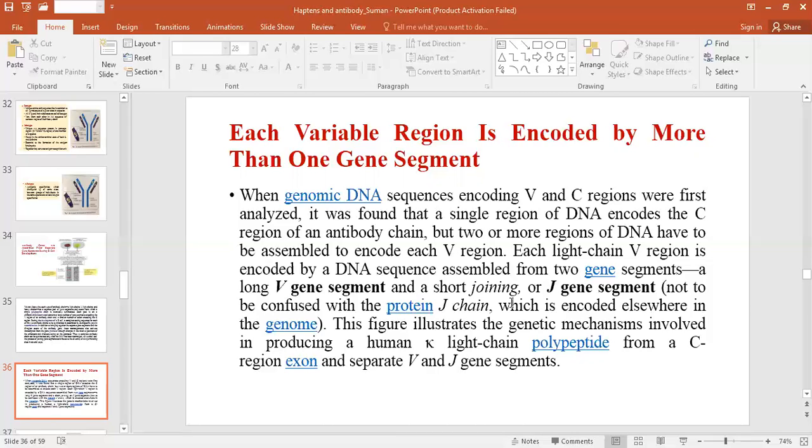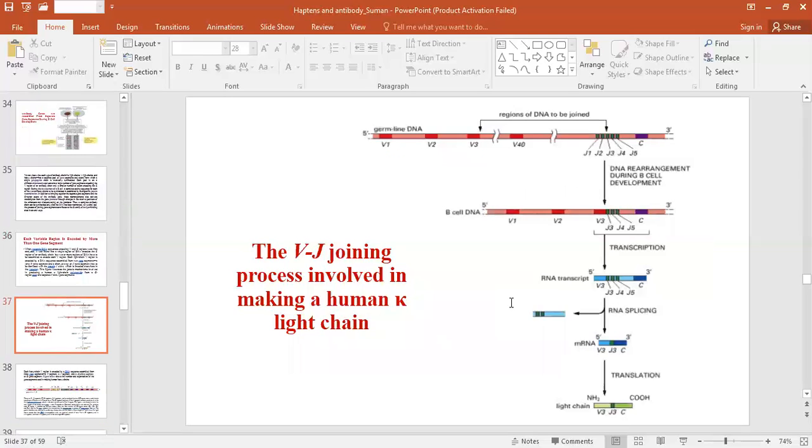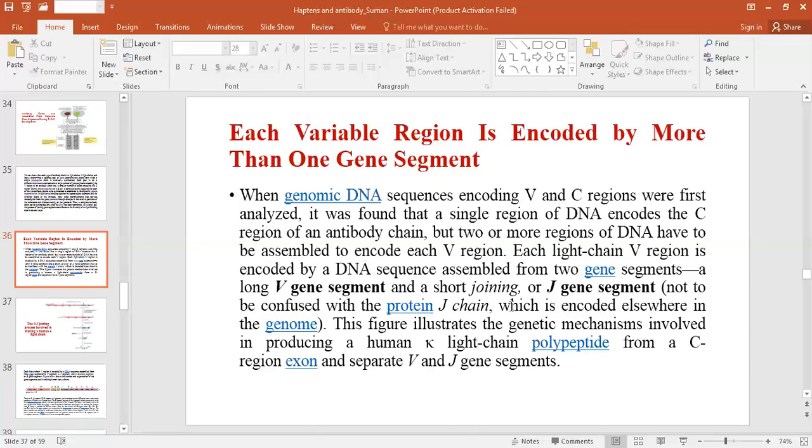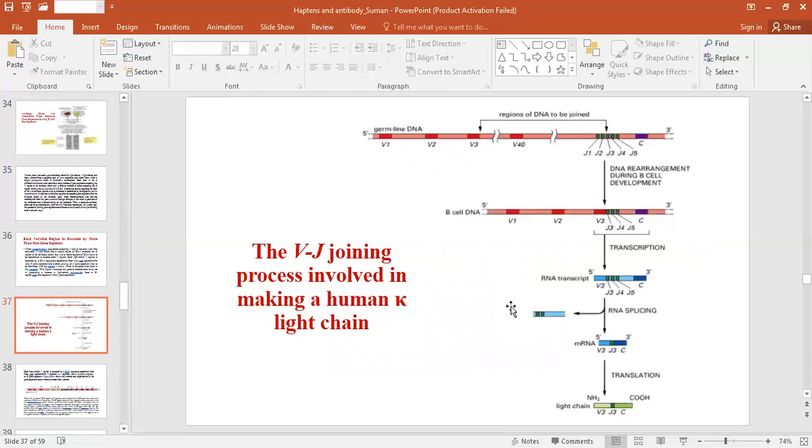So the figure here will illustrate how this happens: the genetic mechanism involved in producing the human kappa light chain polypeptide from the C region exons and the separate V and J segments. This is germline DNA isolated from human, and here you can see the regions of DNA to be joined. DNA rearrangement takes place during the maturation or development of these cells.